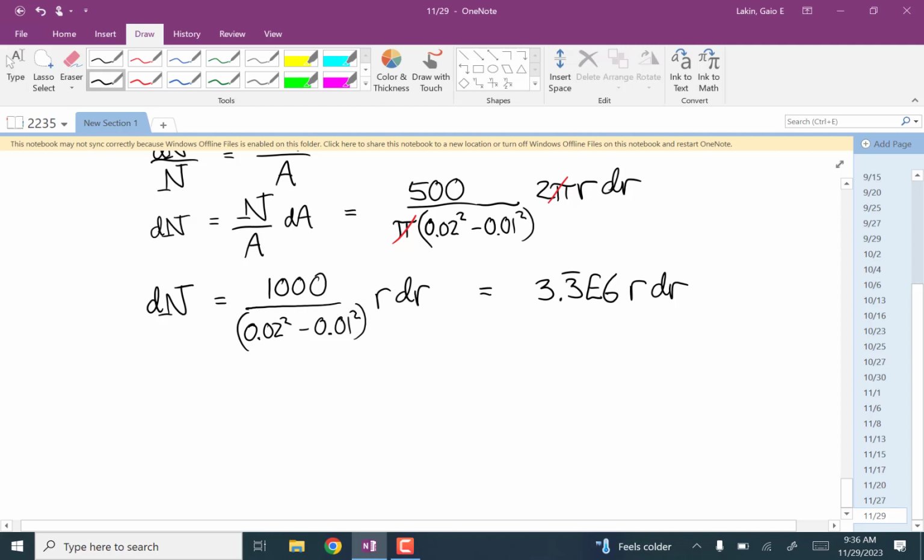And now the friction force on that infinitesimal ring is the coefficient times the normal force.